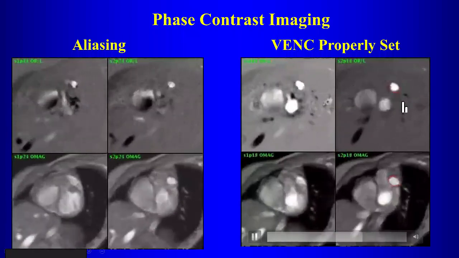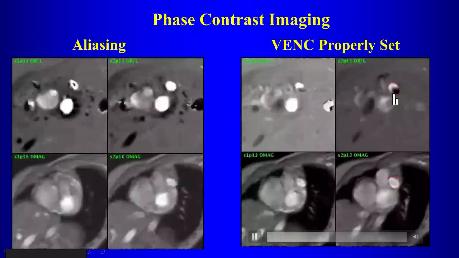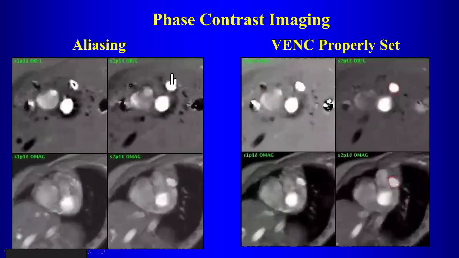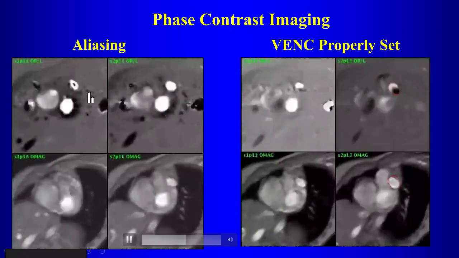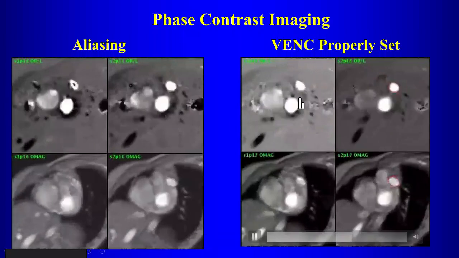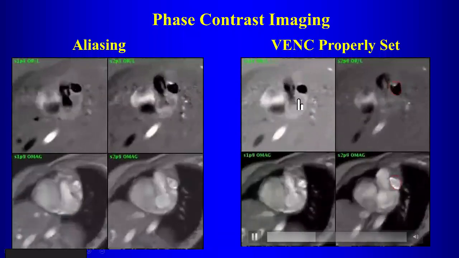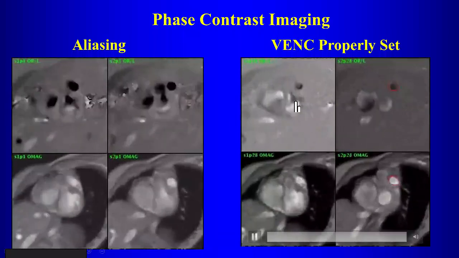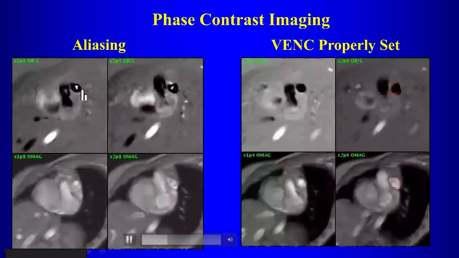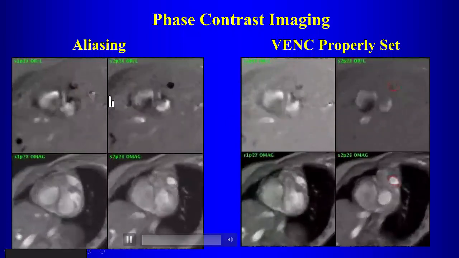It's still changing color, but the aliasing has gone away because now our velocity encoding gradient is set higher than it was in the first imaging sequence. So now when we take measurements of the blood flow within the vessel, they will be accurate. Here they're not going to be accurate because the flow in the center of the vessel has been mismapped.